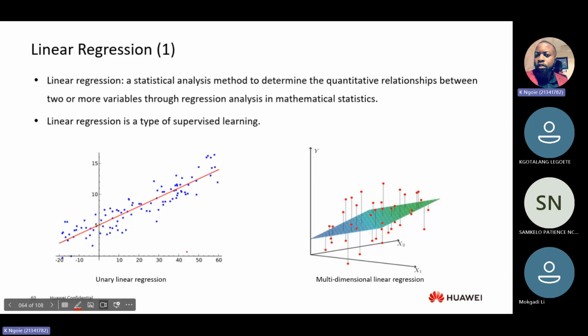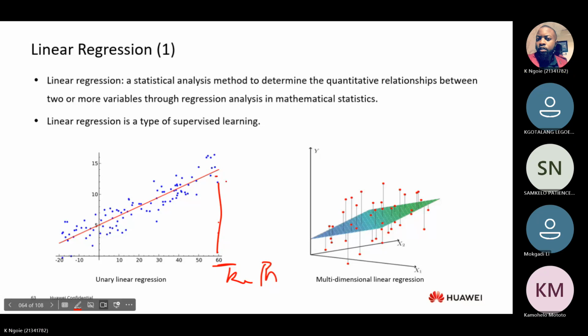So let's say this is the speed, 60 kilometers per hour. You see this data here, maybe at 60 kilometers per hour, we only travel maybe 12 kilometers.